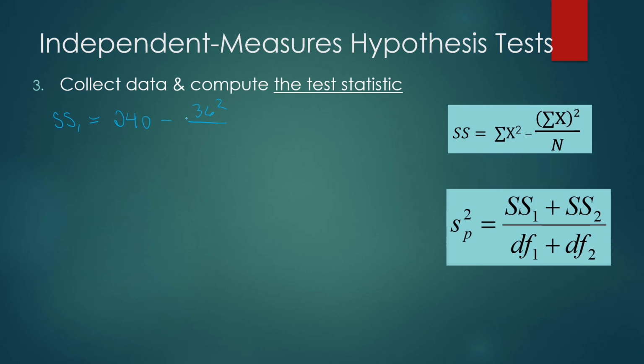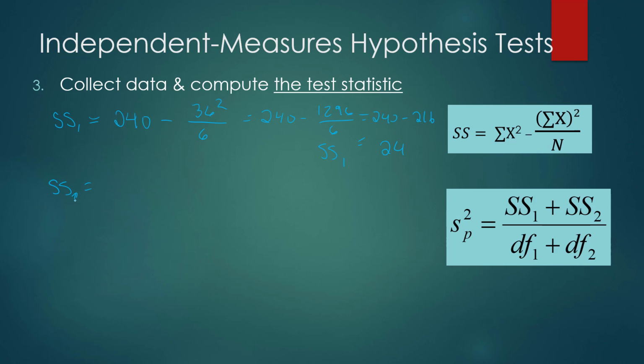I need to put that over my n, which was 6. That's going to give me 240 minus 1296 over 6, which gives me 240 minus 216, which ultimately gives me 24. So my SS for sample 1 is 24.